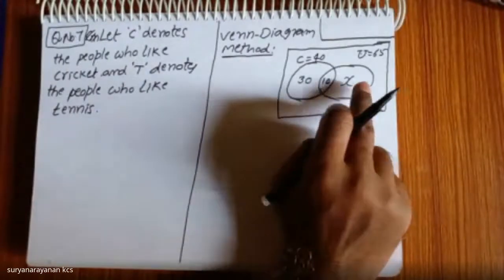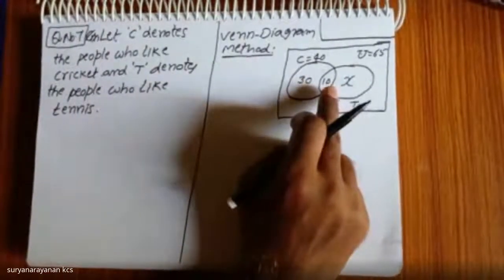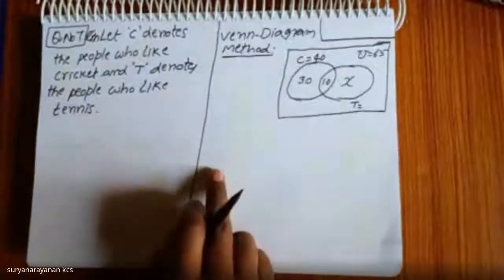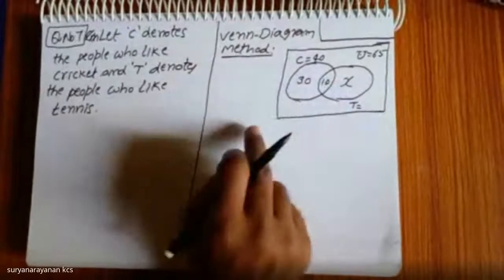Now, from this Venn diagram, previously I told you this number plus this number plus this number is equal to the universal set, the union of these two sets.